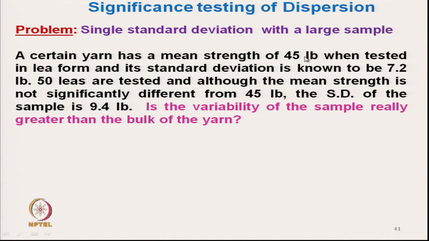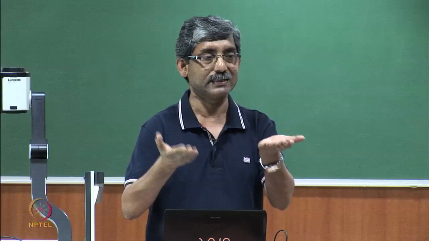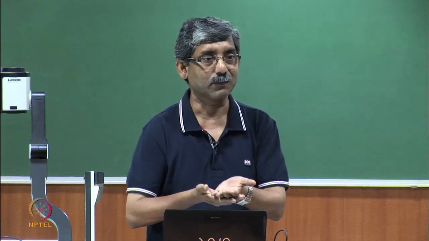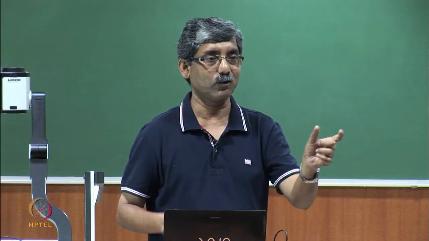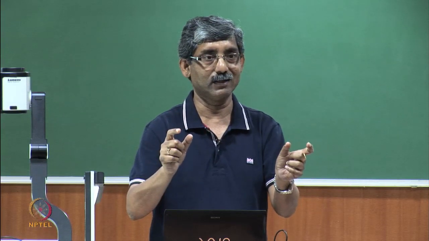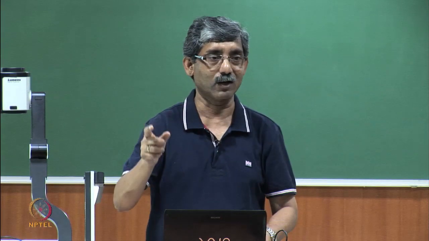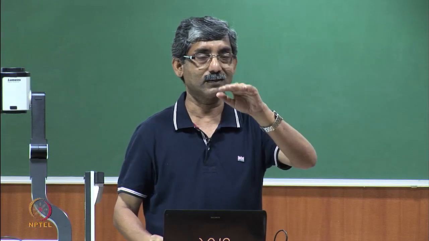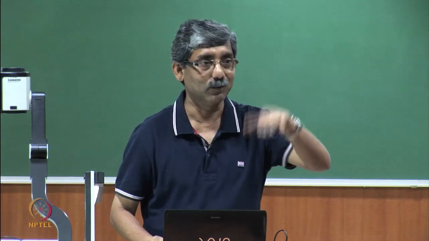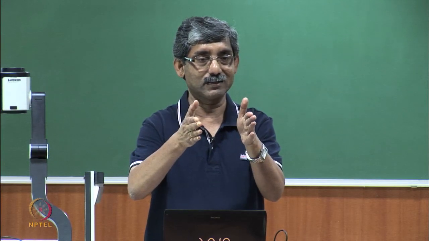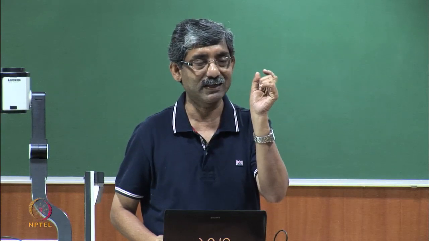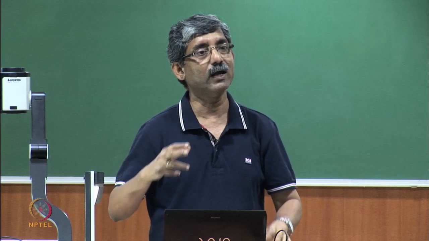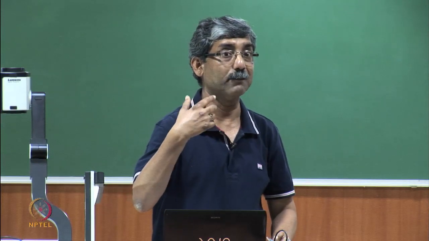So, in the problems till now, we looked at the mean: which yarn is weaker or stronger, and we tried to understand the difference in mean value, and if there is any significant difference in mean value, then we take proper action.